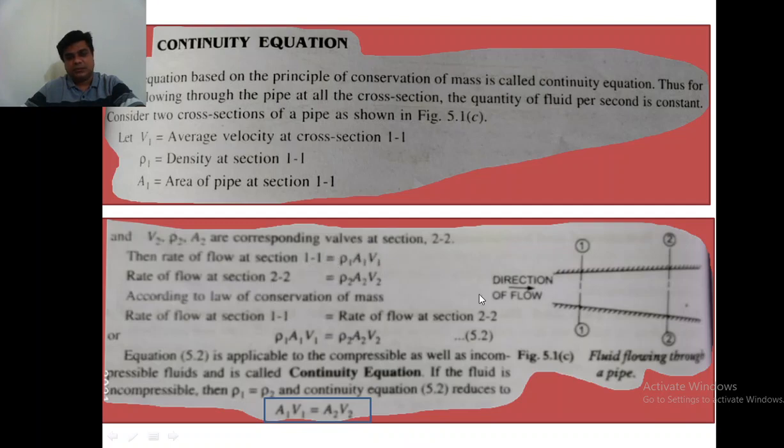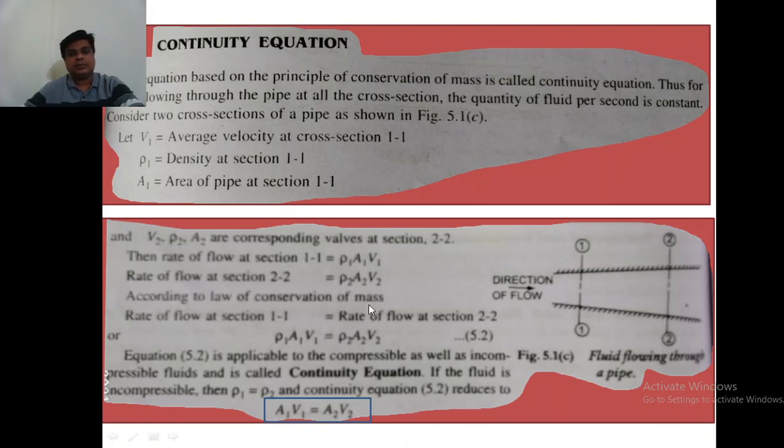The discharge at cross section 1 will be A1 V1, and if we take it as a compressible flow, we will be taking the density of the liquid there. At cross section 2, density changes to rho 2 and also area changes, velocity changes. So we take rho 2 A2 V2. At these two cross sections we take the discharges.